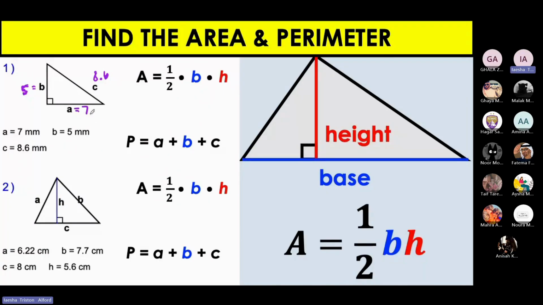So what is the base of this triangle? You have to see from the triangle. What is the bottom of the triangle? The base is in the bottom. This is the base.